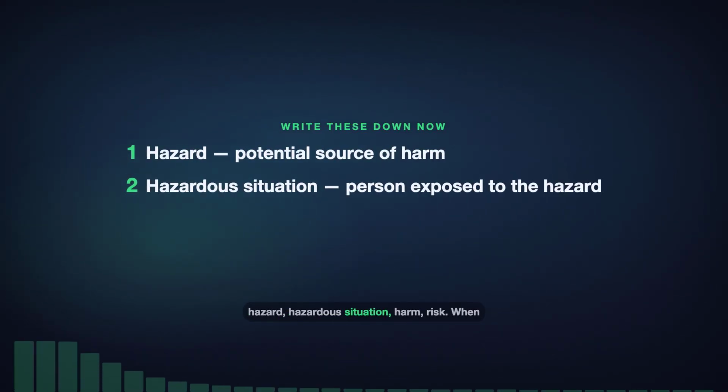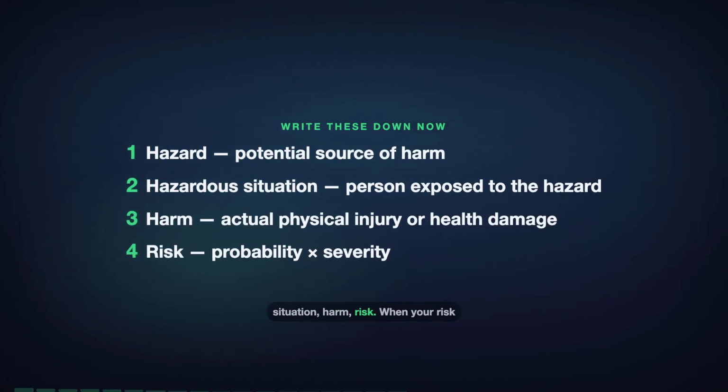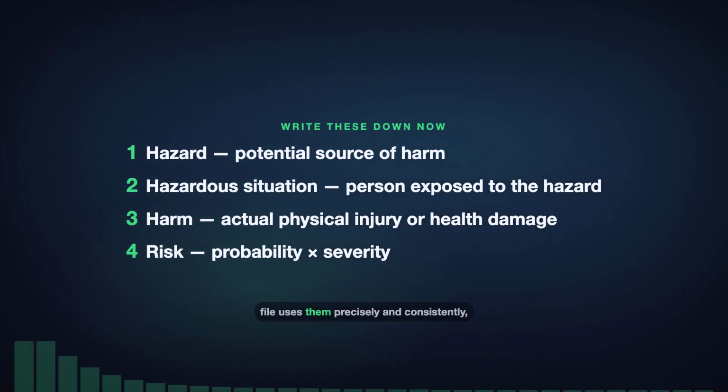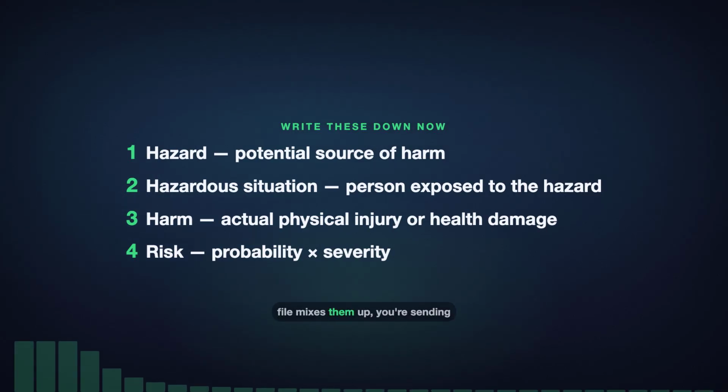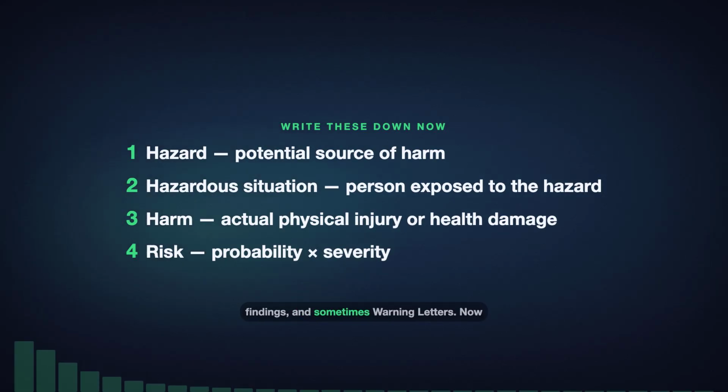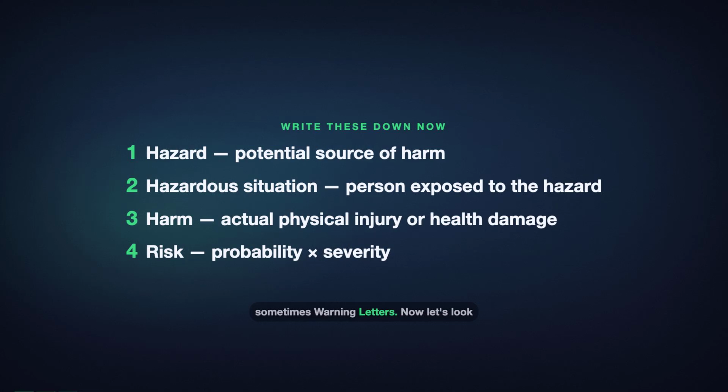Hazard, hazardous situation, harm, risk. When your risk file uses them precisely and consistently, reviewers and auditors know you understand the standard. When the file mixes them up, you're sending a signal that you don't. That signal costs you time, review cycles, audit findings, and sometimes warning letters.